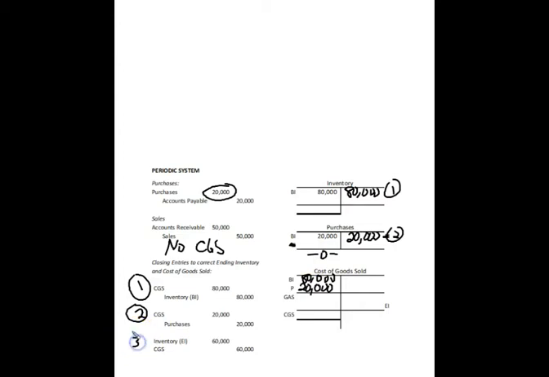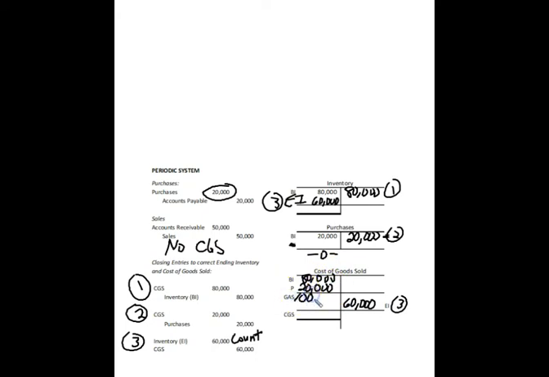Then the last thing we do is we physically count our inventory. And they go in and count 60,000. So they want to put that ending inventory, 60,000, into the inventory count, that's number 3, and then we credit cost of goods sold for that. So what we have then is beginning inventory plus purchases.